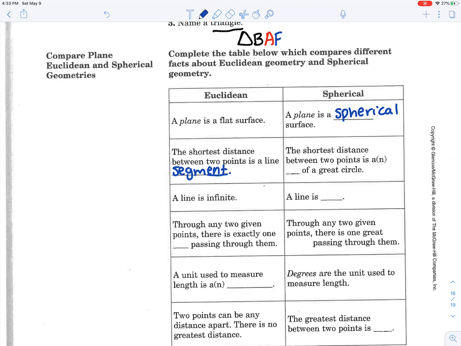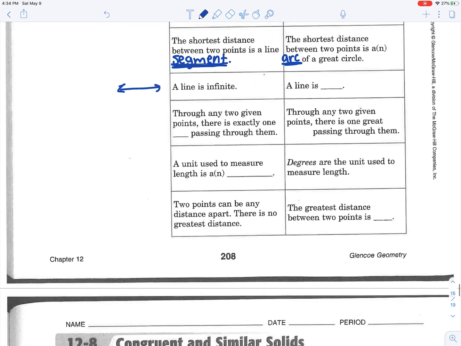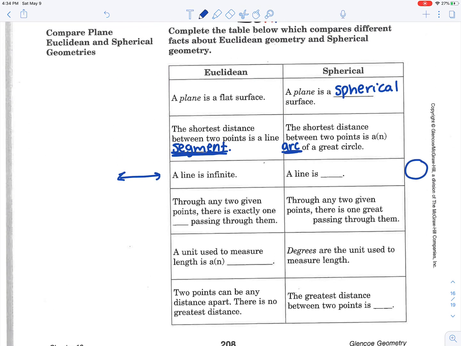Now if we're talking about a line, we're moving to circles, and part of a circle we call an arc. Just like part of a line we call a segment, part of a circle we call an arc. In Euclidean geometry, a line is infinite. It goes on forever in both directions. But in spherical geometry, if we're talking about a circle as a line, that is not infinite, it is finite.